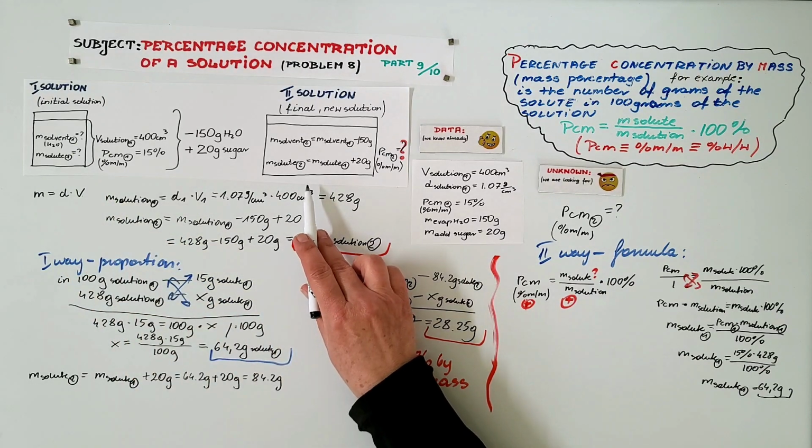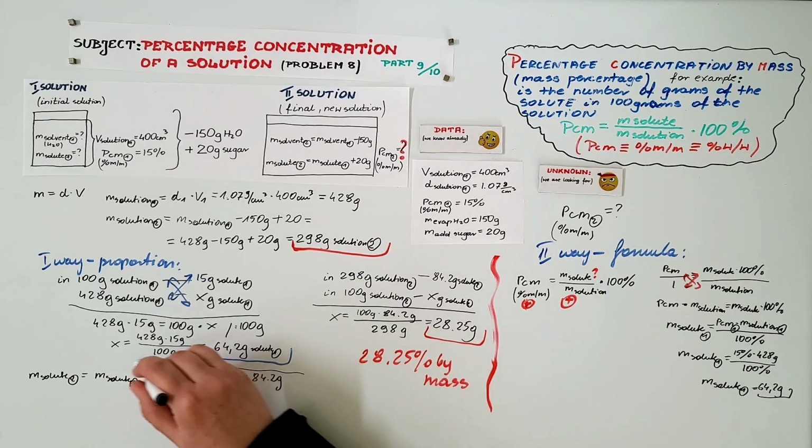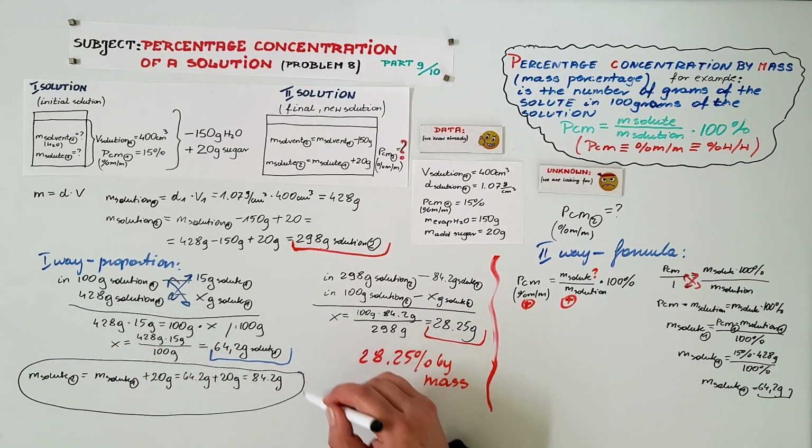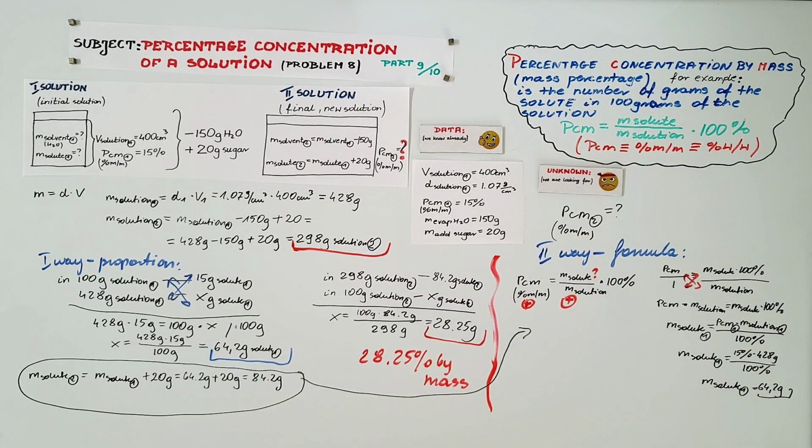Mass of solute 2, same like before, equals mass of solute 1 plus 20 grams. So we know that mass of solute 2 equals 84.2 grams.